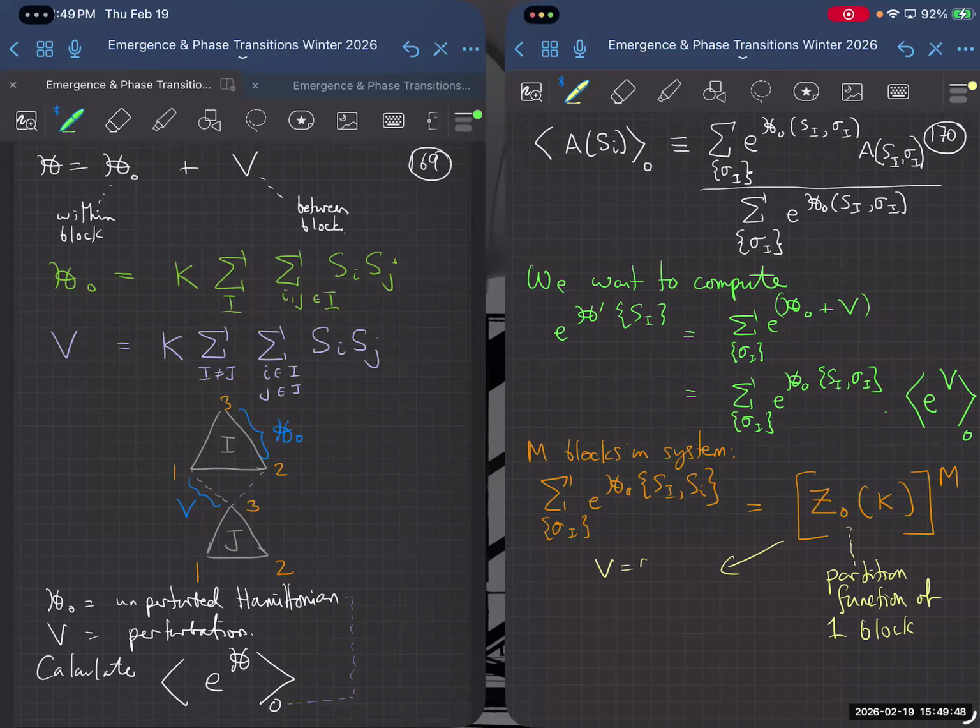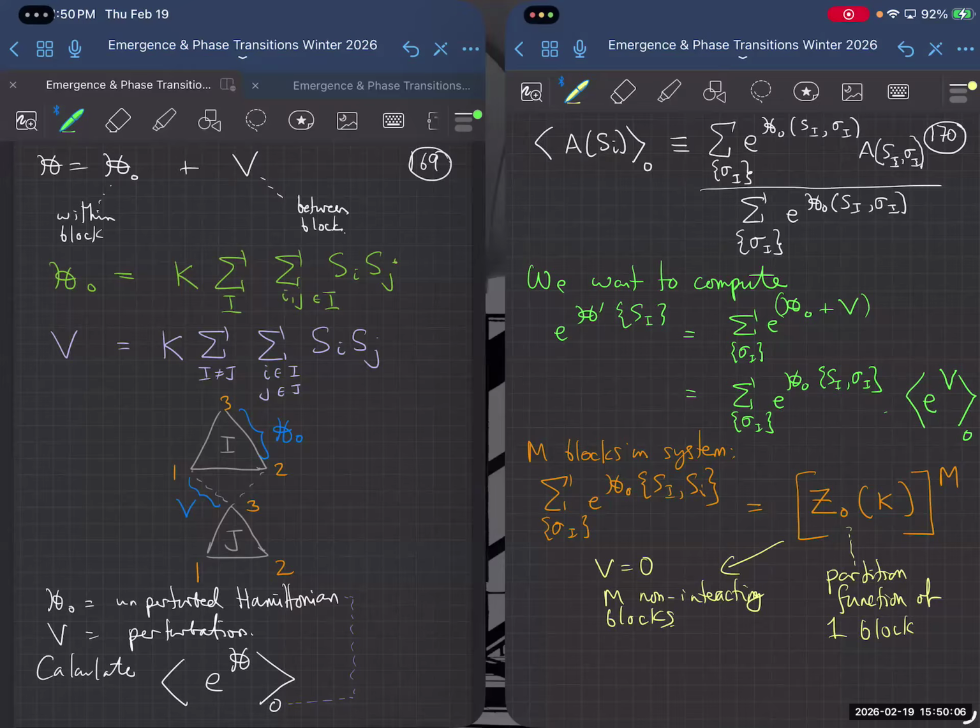When V is equal to 0, then we have m non-interacting blocks. And so the partition function factorizes into the partition function for one block raised to the m-th power.